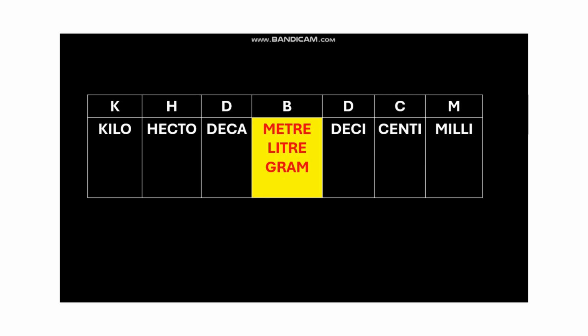We are looking at metric conversion, and we shall be discussing length, capacity, and weight. Now, let's discuss this chart for easy understanding of the conversion. Here we have KHD, BDCM, which can be remembered using the phrase King Henry died by drinking chocolate milk. Kilo could mean kilometer, kiloliter, or kilogram.